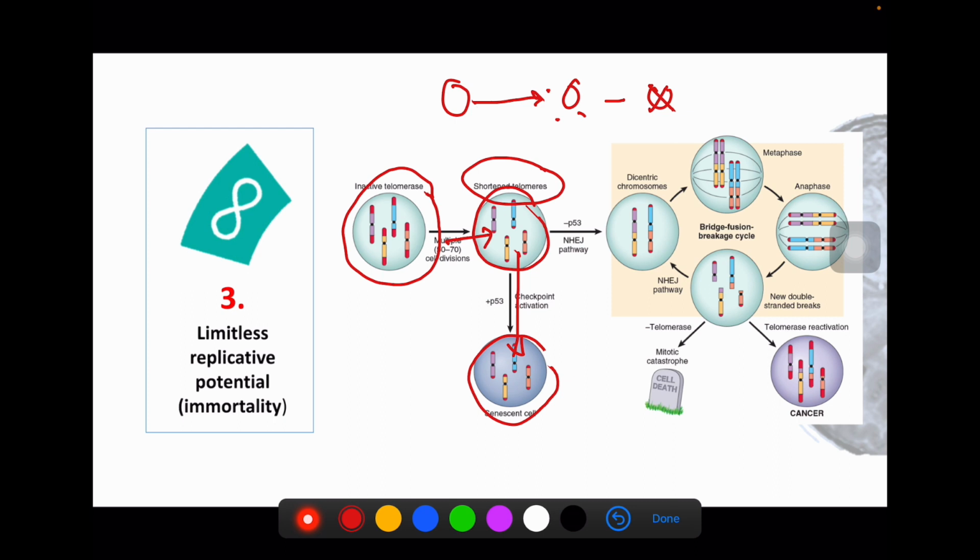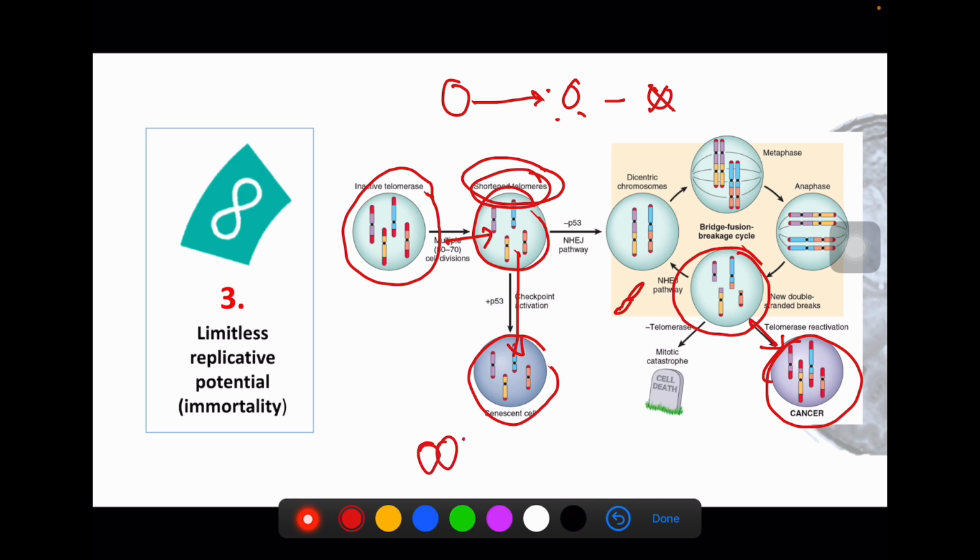The problem with cancer cells is that there are some genes that block the shortening of the telomeres. The telomeres are not shortened; they become prolonged and prolonged, and the prolonged telomeres cause the cancer cells to not die.